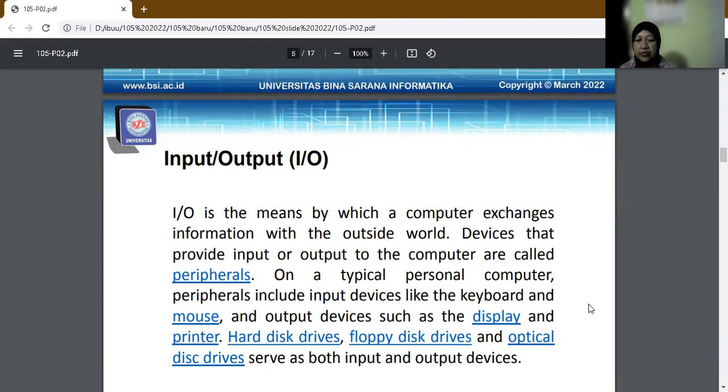For the output, devices such as the display, the printer, the hard drive and the optical disk drive are examples of output.